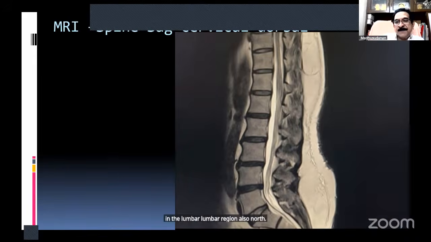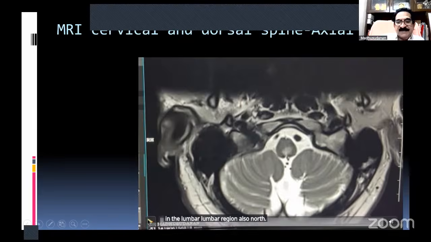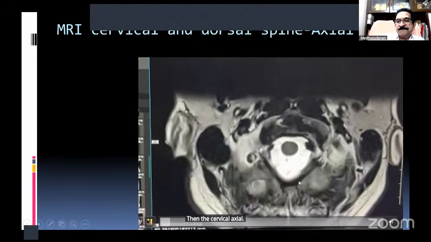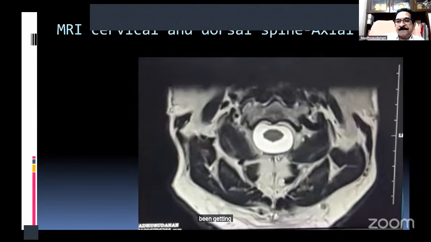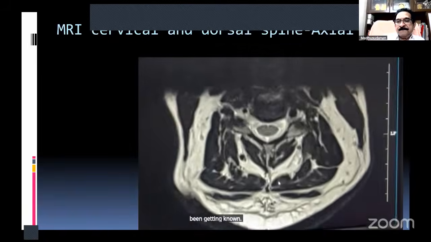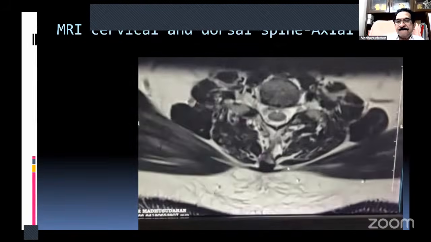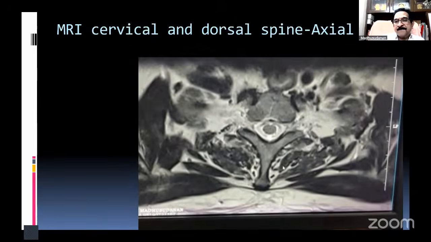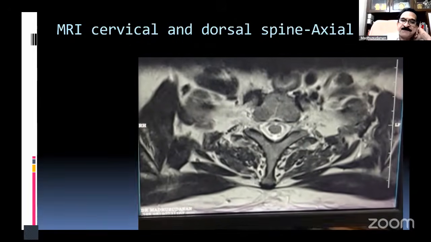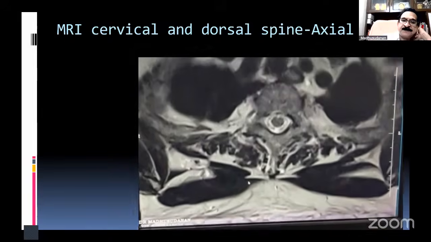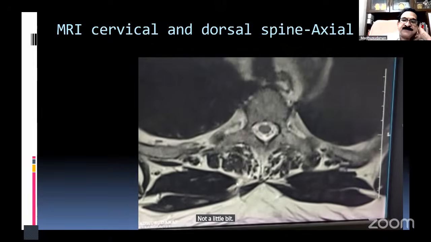Then the cervical axial, bringing down. Normal. Going down up to the conus, we took an axial cut.